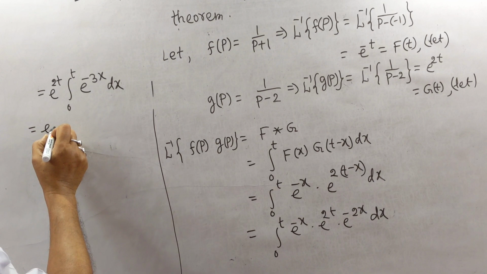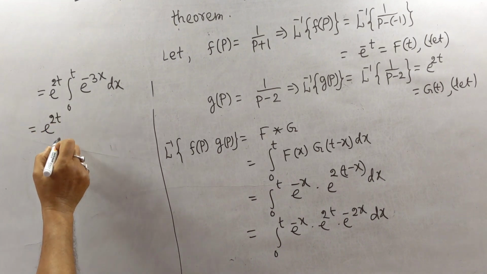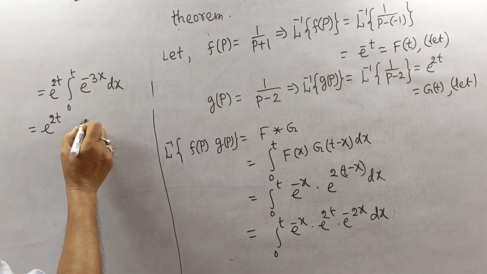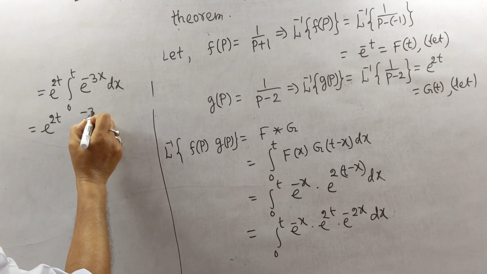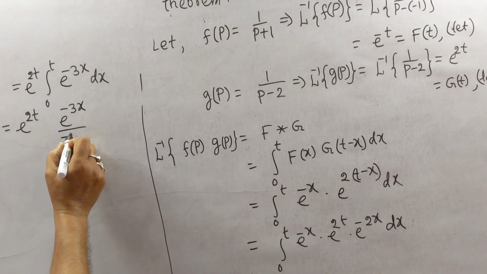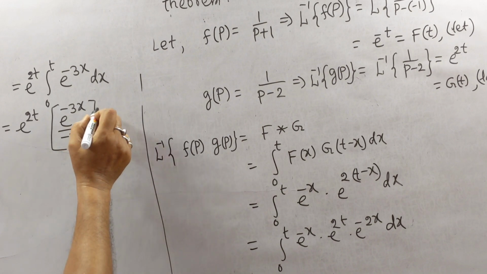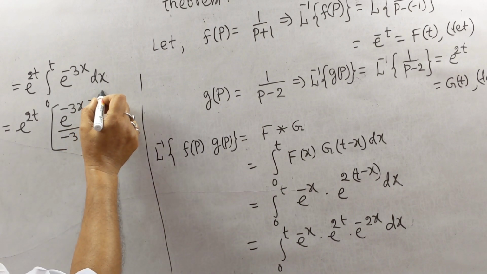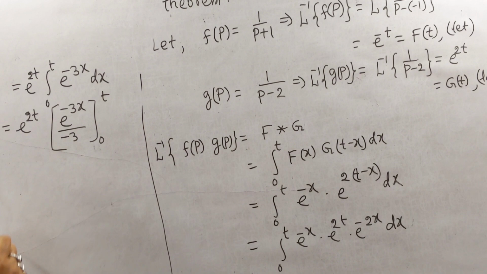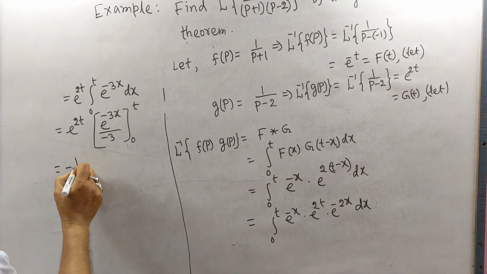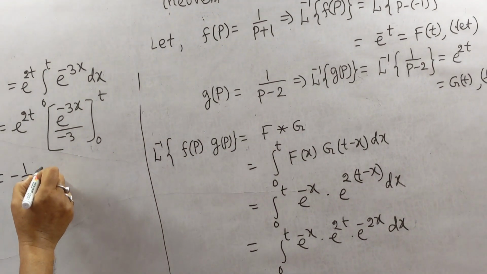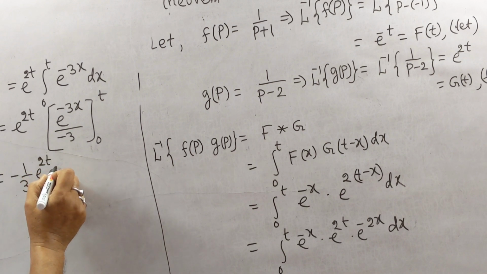This equals e to the power 2t times the integration of e to the power minus 3x, which is e to the power minus 3x by minus 3, from 0 to t, equal to minus 1 by 3 e to the power 2t.